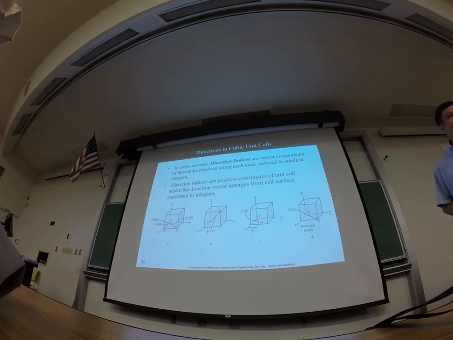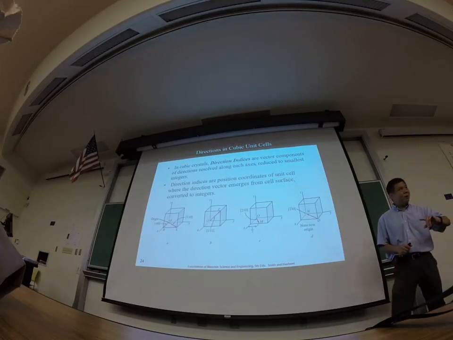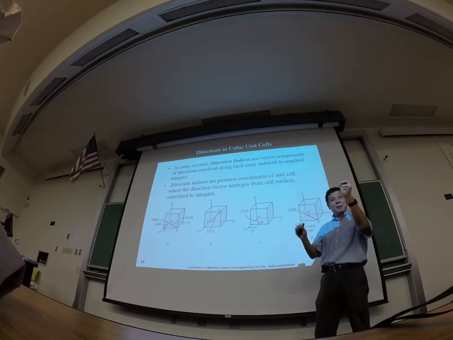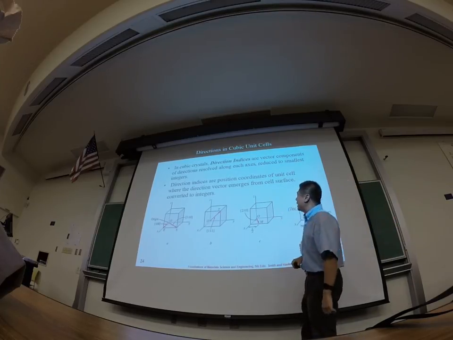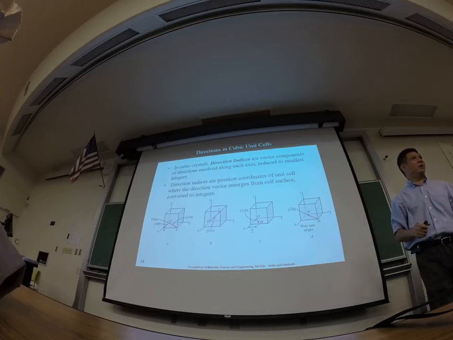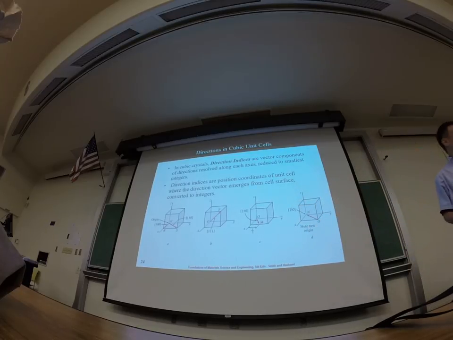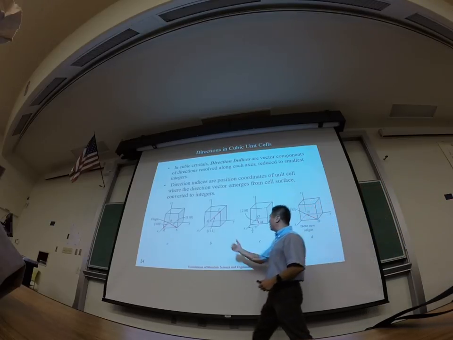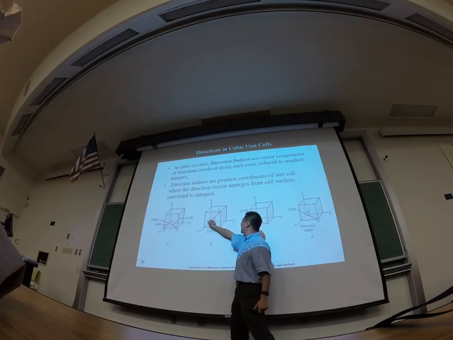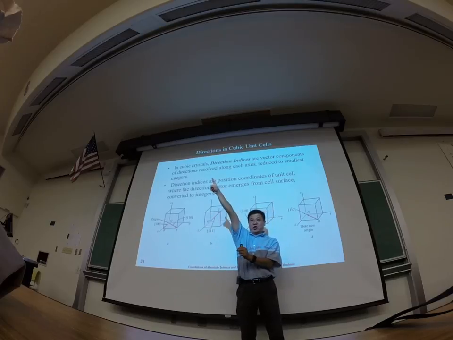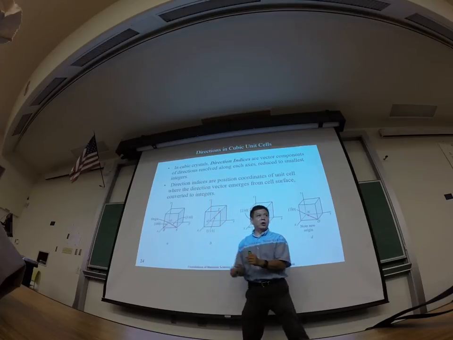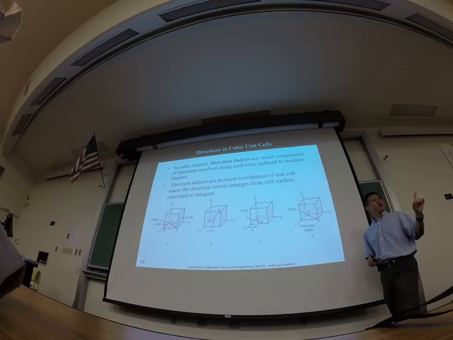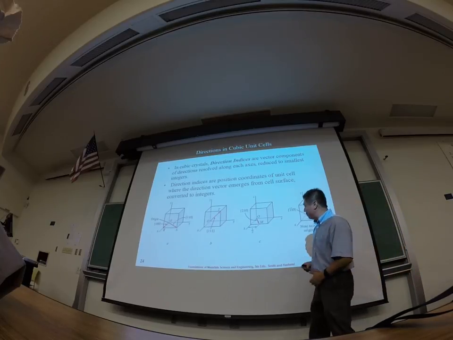Based on that, the next step: once we know the coordinates of the position of the atoms, then we can define the direction indices. Direction indices indicate a kind of line, a direction, a vector. It's also very straightforward to define.